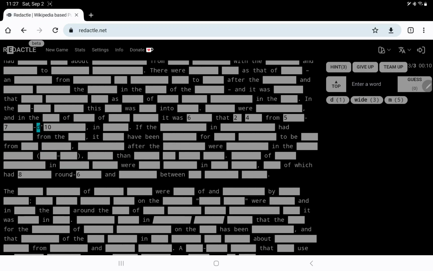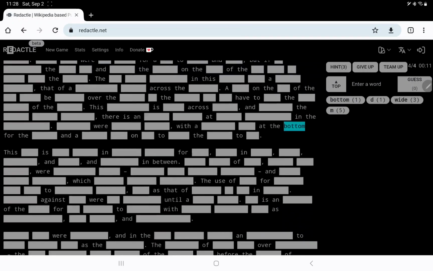So let's see, had something round dash six. First thing I thought was round robin. But now I'm wondering if it's round bottom. No, we do have a single bottom.